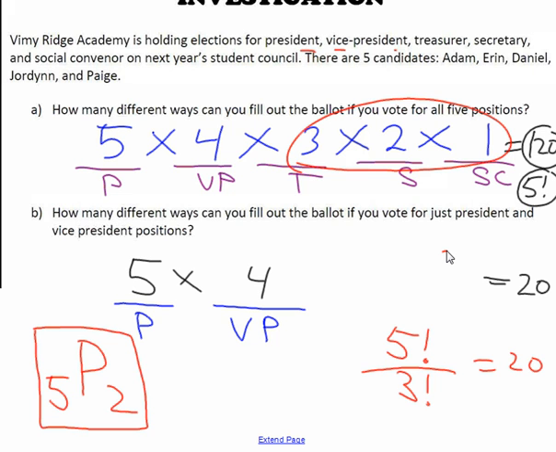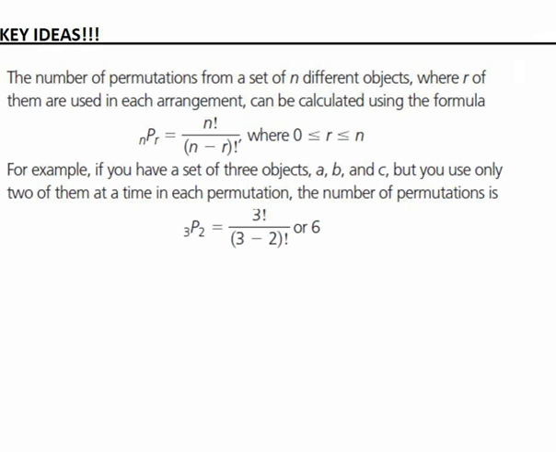Okay, now class, I'm going to introduce the nPr formula, which is just this one generalized. It's in your book. The nPr formula is simply n factorial over n minus r factorial. So let's just look at your book here.